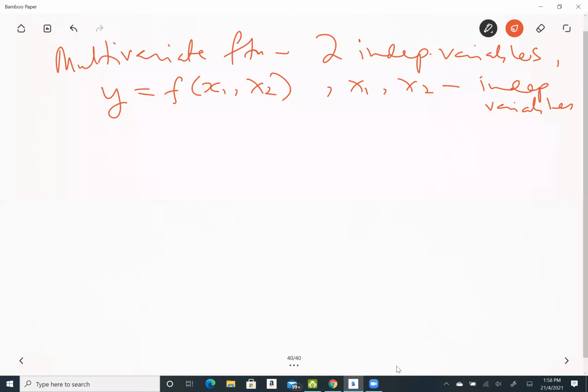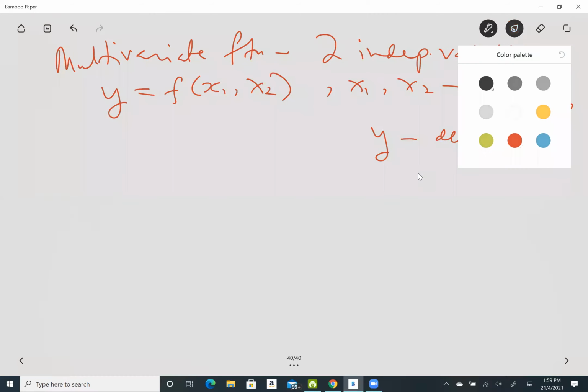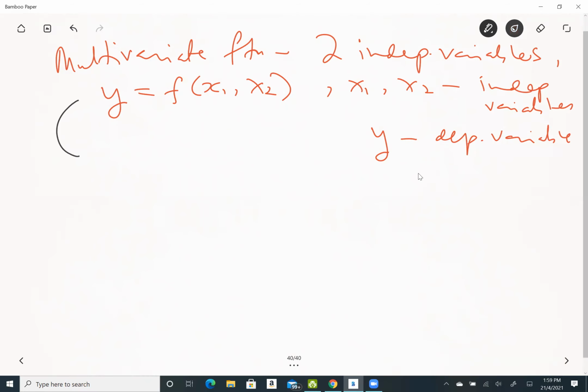Okay, yes. So the function, you will normally write y as a function of x1 and x2. X1 and x2 are the independent variables, and y is the dependent variable. That is the general form. Now, since there are only two independent variables, normal practice, if you look at the book, is to write z as a function of x and y.